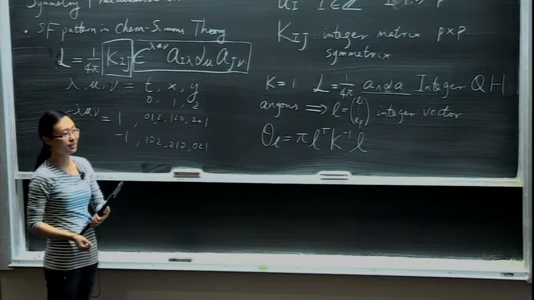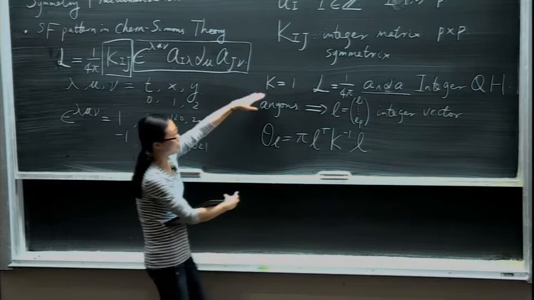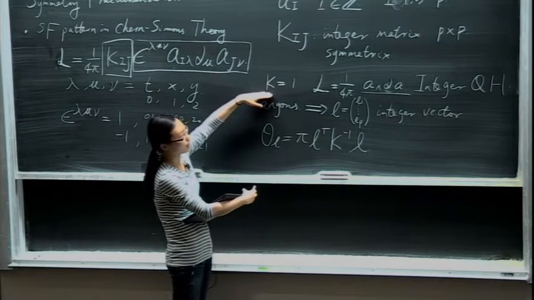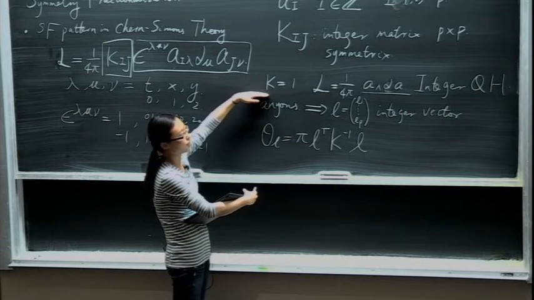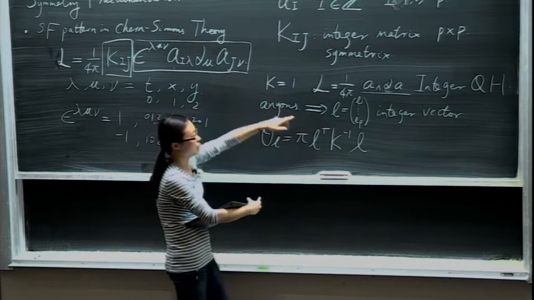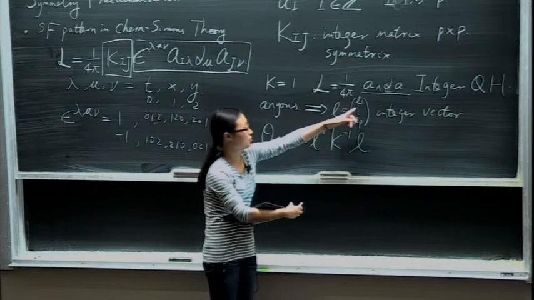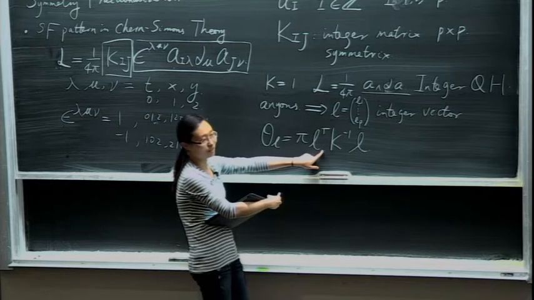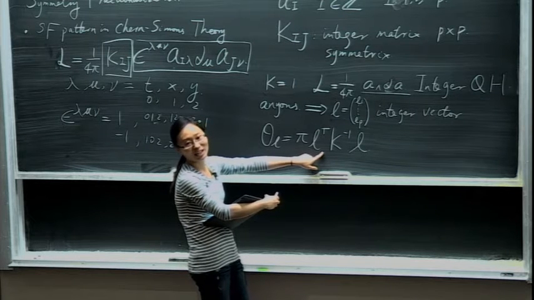Okay, so this is just linear algebra. And we can check what happens for integer quantum Hall. For integer quantum Hall, it's a one-dimensional matrix. There's only one U1 gauge field, and L can equal 0, 1, 2, right? And if it equals 1, and we plug it into this formula, we find that this is equal to pi, right?